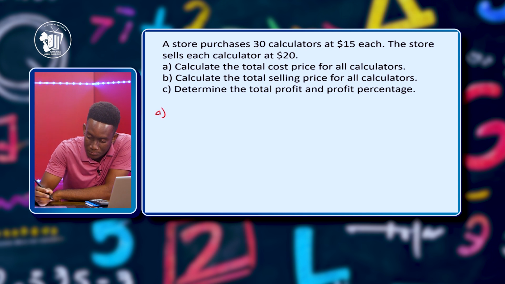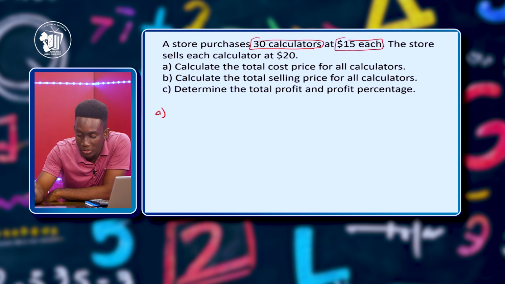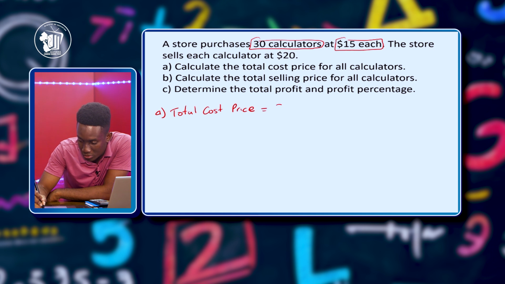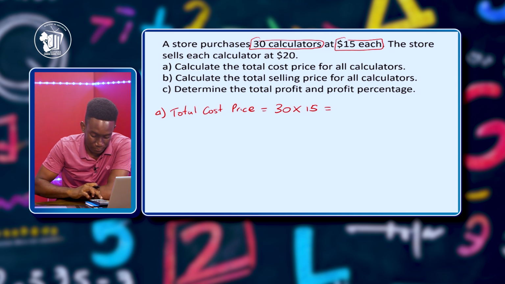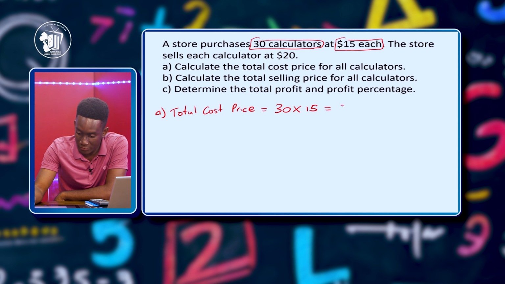First of all, we see that the store purchased 30 calculators at $15 each. So the total cost price for the calculators will be 30 multiplied by $15, which would give us $450.